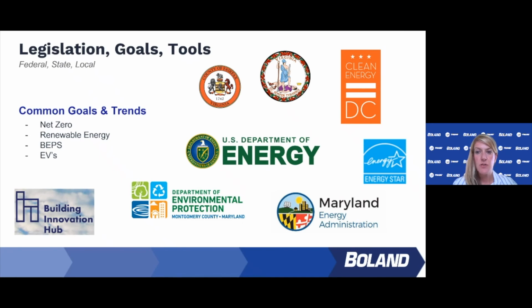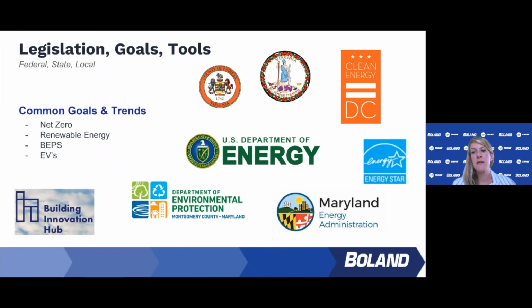I won't go into it too much, but for DC, a lot of legislation: buildings in DC over a certain square footage have to meet a minimum Energy Star score. You all know what Energy Star is. Hopefully it's a measuring stick, to quote Meaghan, to grade your building from 0 to 100 on how energy efficient it is.